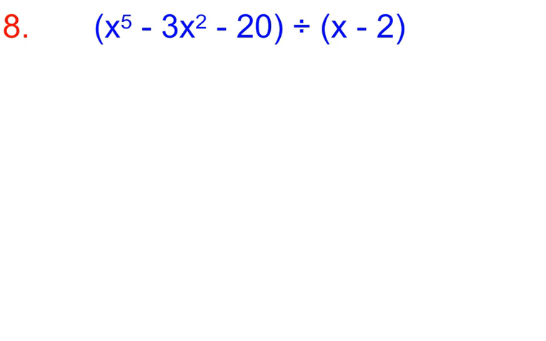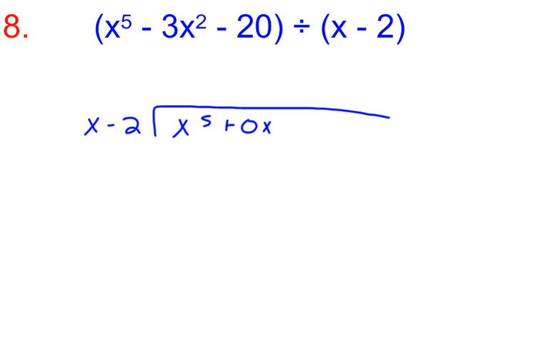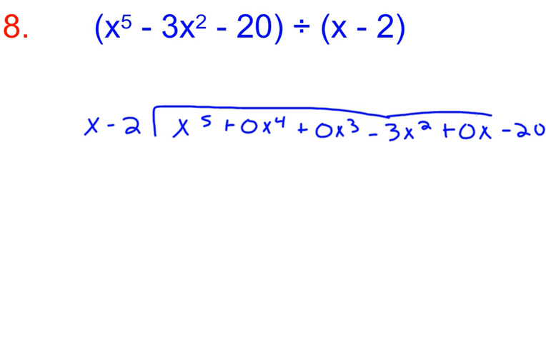I have x minus 2 goes into x to the 5th, and then I don't have an x to the 4th, and I don't have an x cubed, but then I have an x squared. Extend my line there. I don't have an x, so here's a pretty good size one, right? There we go. It's a really bad divisor symbol there. So now, as I go in, I'm going to say what times x would make x to the 5th, and hopefully you can see that that would be x to the 4th.